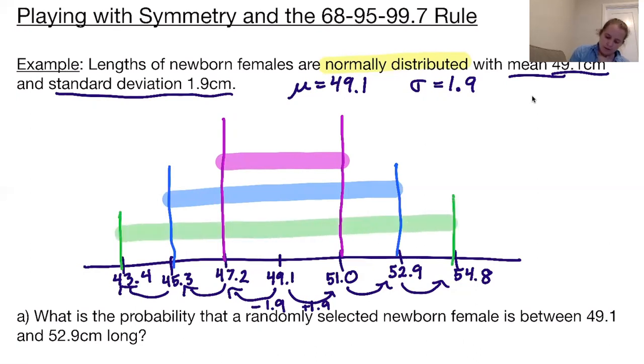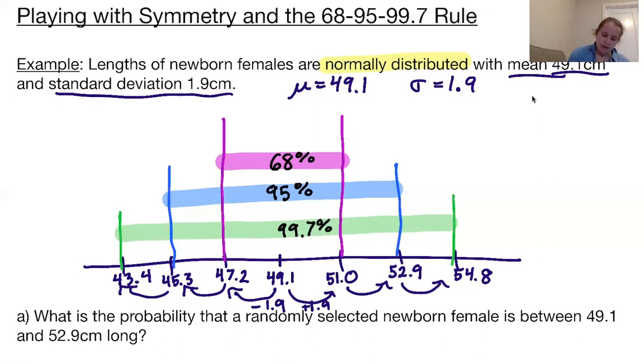So these were all, our 68% was 1 hop below to 1 hop above. 95% was 2 hops below to 2 hops above, and 99.7% for 3 hops below to 3 hops above.